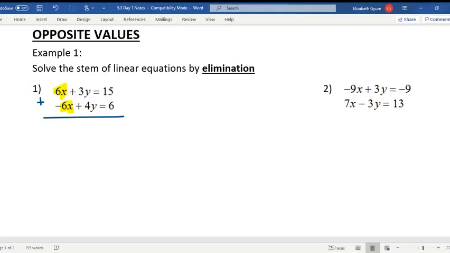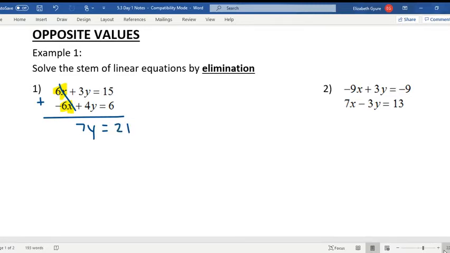Now you're going to go through from left to right, and we're literally going to add things together. 6x and a negative 6x. What's going to happen with those? They cancel. They become 0. We're not even going to bring down the 0. We don't need it. It's just distracting. Then 3y plus 4y is what? 7y. Equals, and then 15 plus 6 is 21.